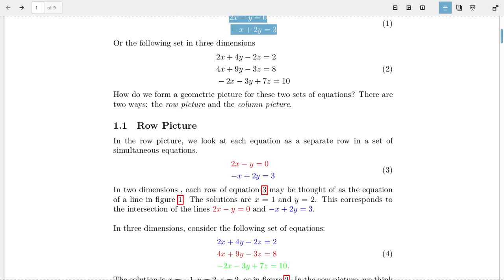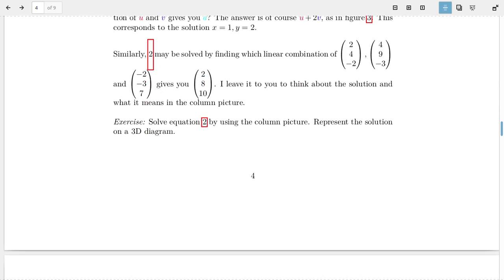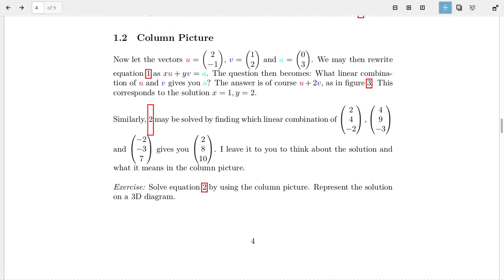Check it for yourself. Given the definitions of u and v, we may write that equation as xu plus yv equals a.